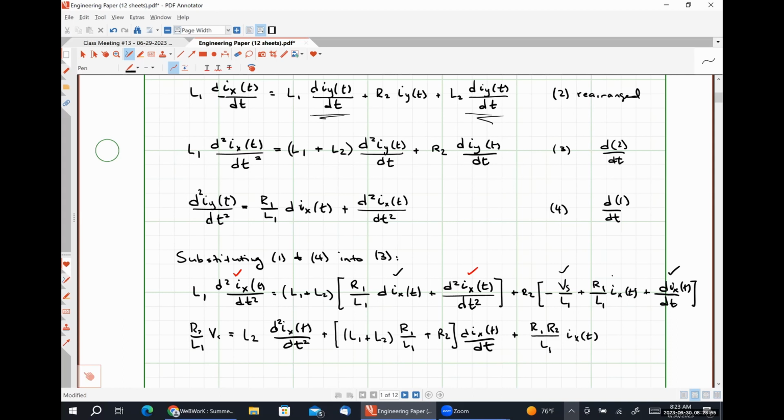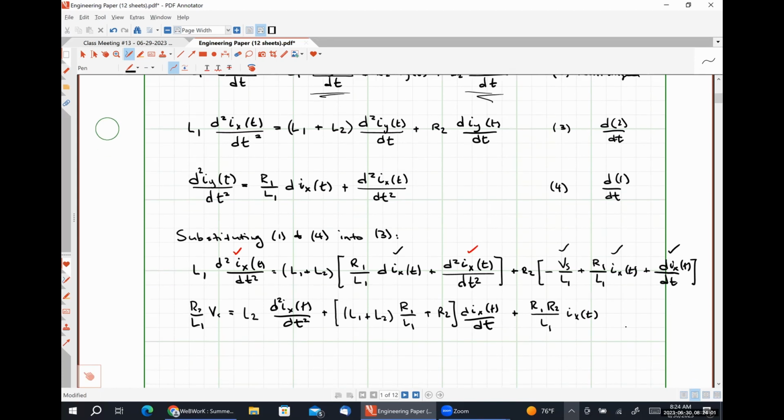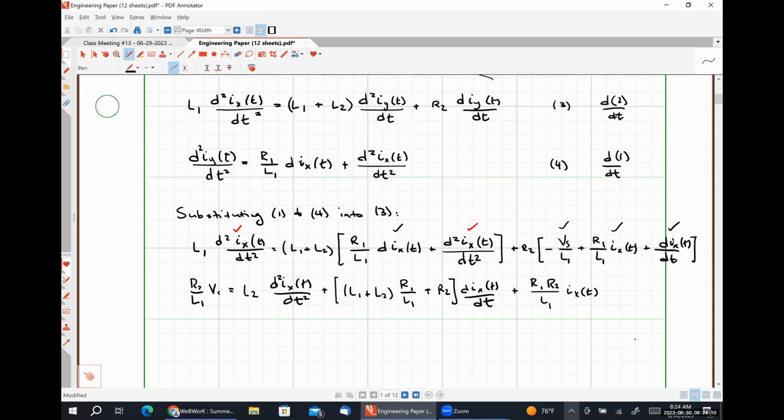So if I've done all my algebra correctly, which might be a stretch here, this one was a little complicated, I'm in a really good spot to be able to solve for alpha and omega naught, right? So the last thing that I'm going to do is divide both sides through by a factor of L2.